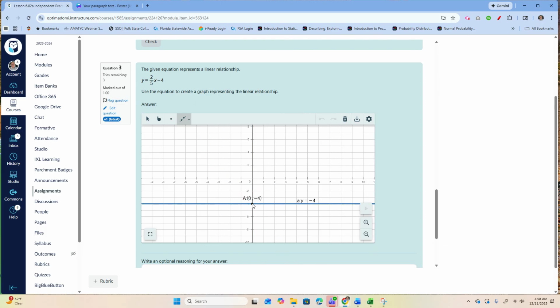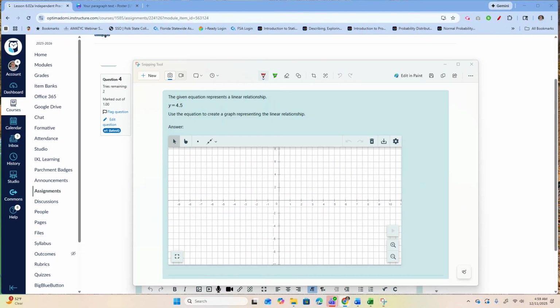So starting from the point you already have, you're going to go 2 up, 1, 2, and then you're going to go 5 to the right. So 1, 2, 3, 4, and 5. Click. There's the line. Okay, let's go to the next one.